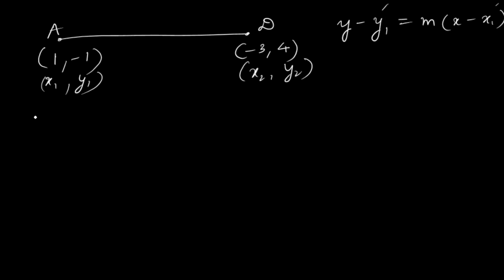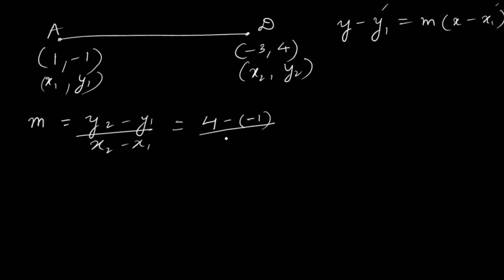First of all, x1, y1 we have. Now let's find the slope. So what is the slope formula? Slope is equal to y2 minus y1 by x2 minus x1. Y2 is 4, minus y1 is minus 1. So 4 minus minus 1 by minus 3 minus 1.